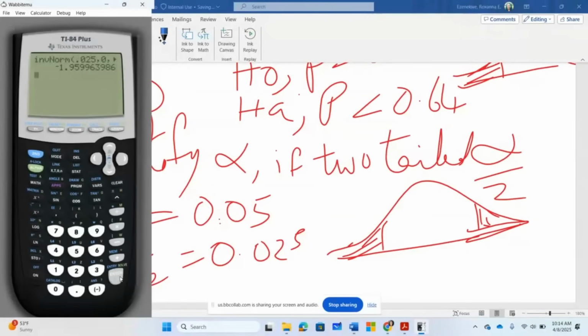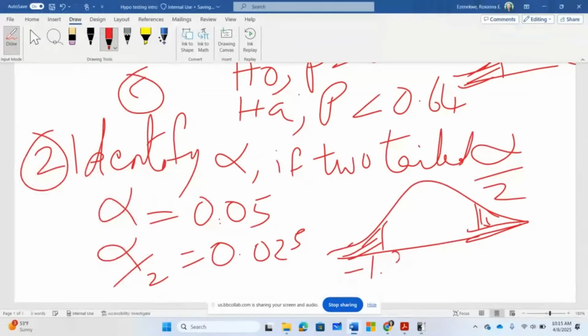Therefore, the Z value corresponding to the area to the left is negative 1.96. Remember that the normal curve is symmetrical. Therefore, the Z value corresponding to the other side is the opposite, 1.96.